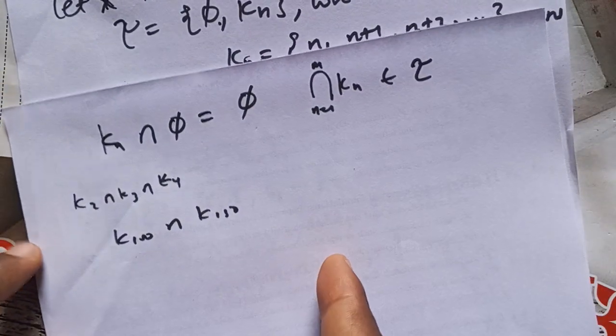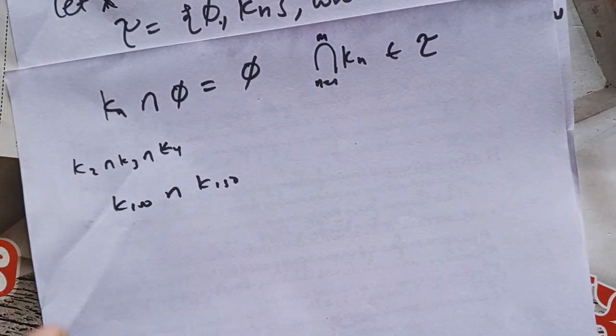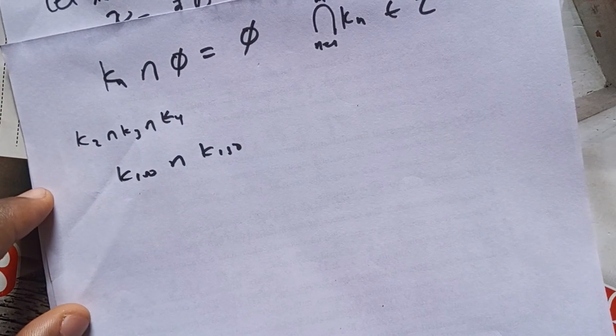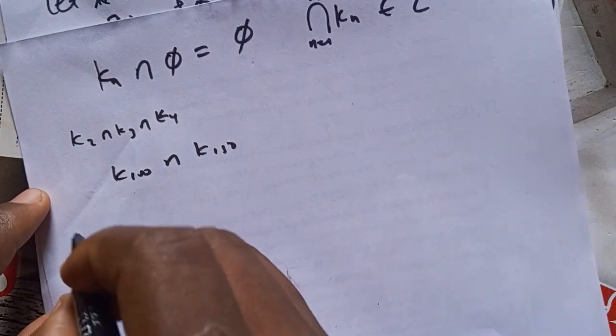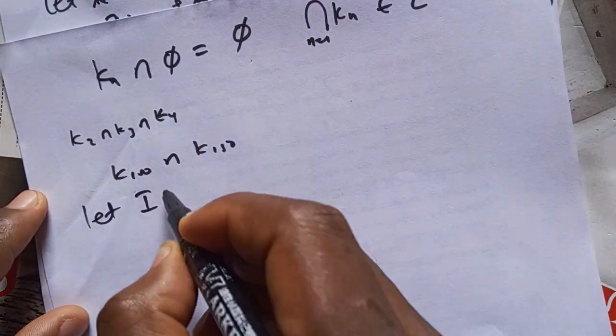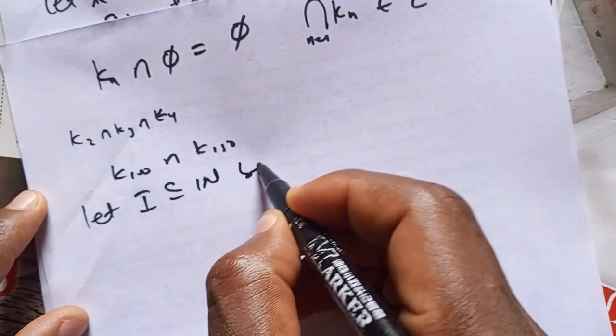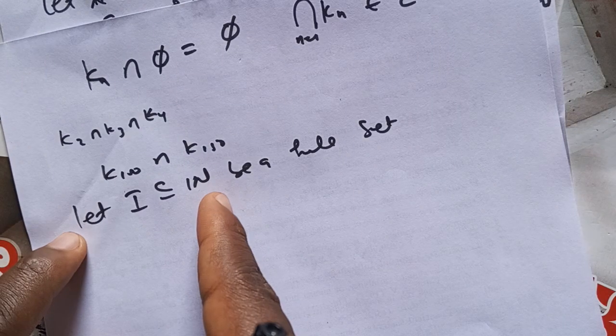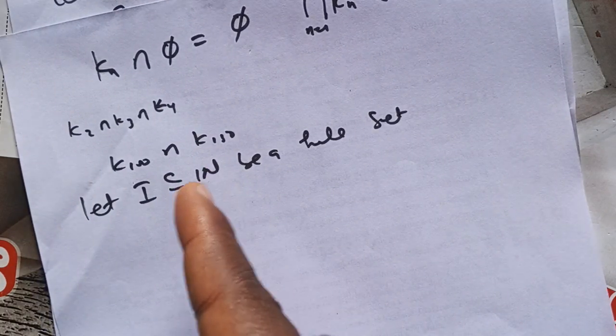So there is a way to do this. Watch what I'm going to do now. I'm going to say let I, a subset of N, be a finite set. Remember, N is the whole set, right?